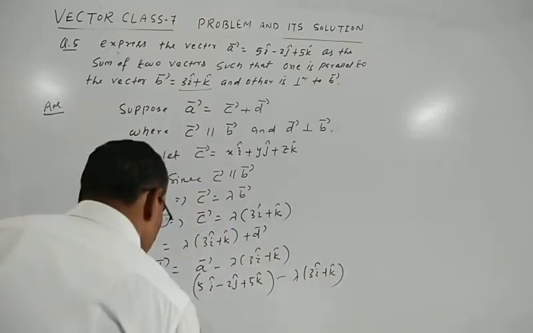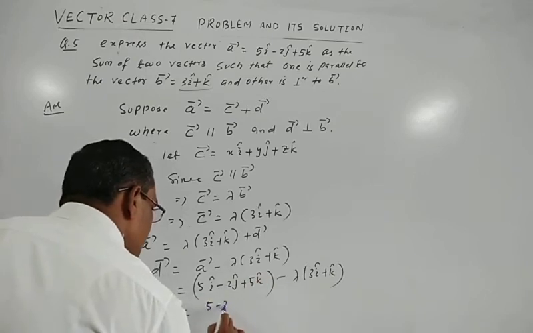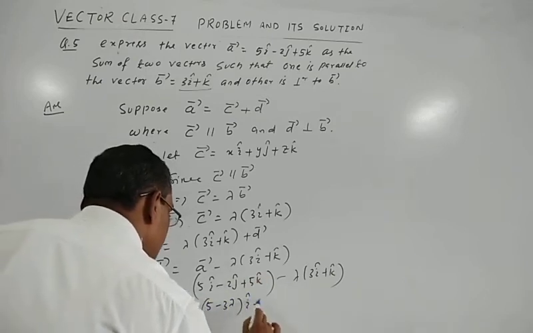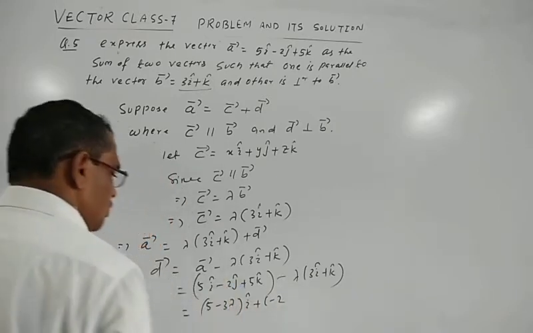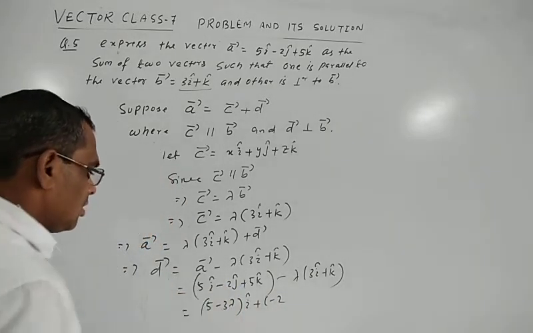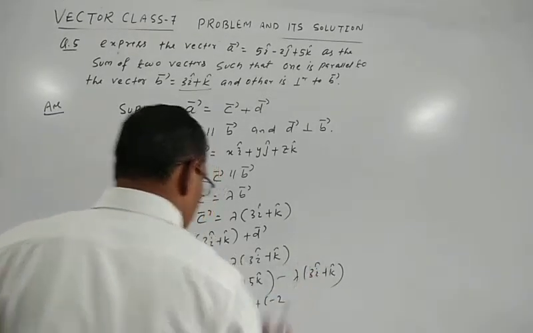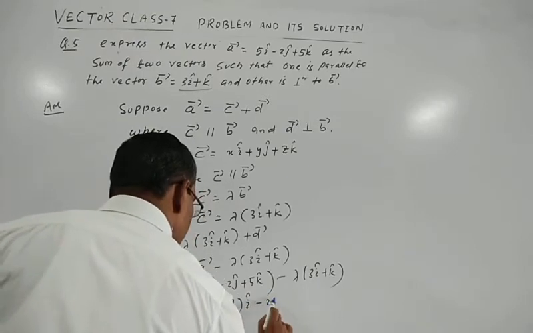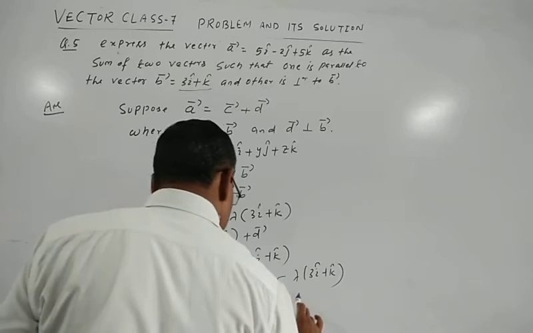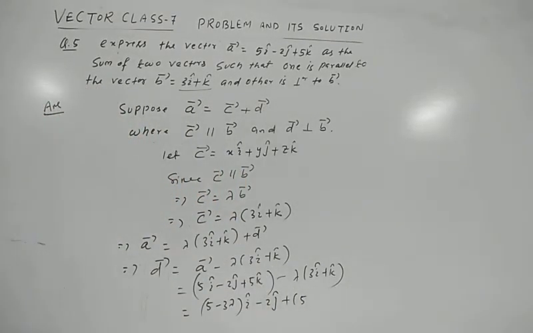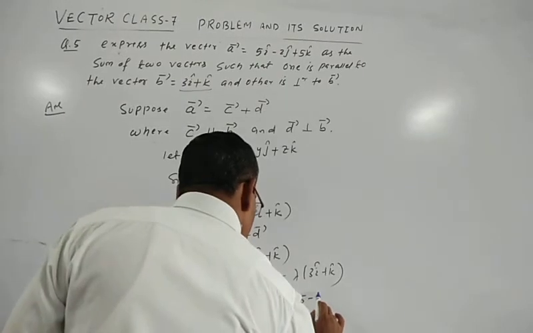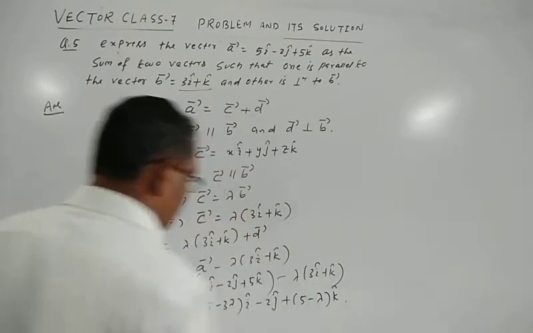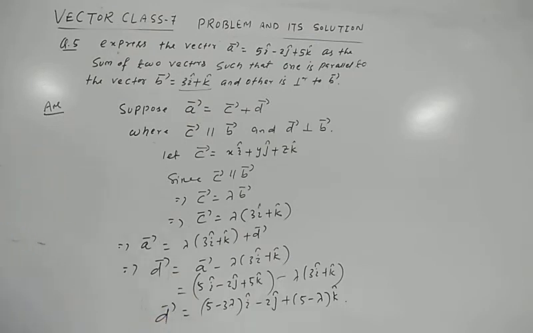So this is equal to 5 minus 3 lambda into i cap, plus minus 2 j cap, because there is no j cap term in b, plus 5 minus lambda into k cap. This is d vector.